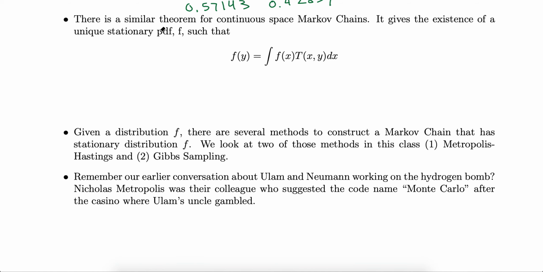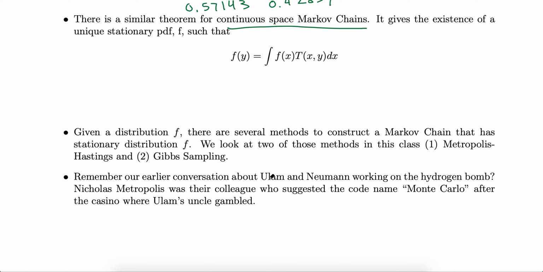The idea is we have a similar theorem if we have a continuous space Markov chain. All our definitions have been in the finite discrete case just because it's easier to understand.